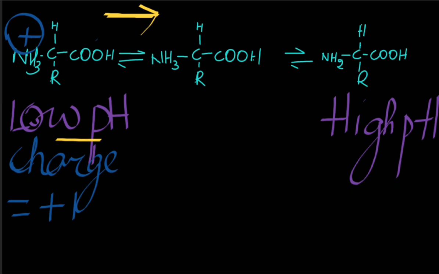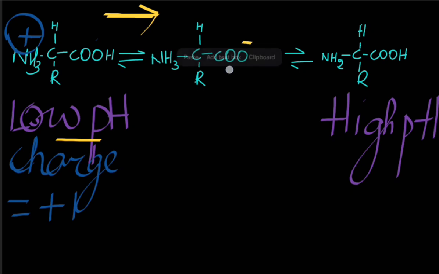So now what will happen is, this COOH will be the first one to donate its H plus ion. Why? Because, as I told you, the hydrogen ion is decreasing in number.